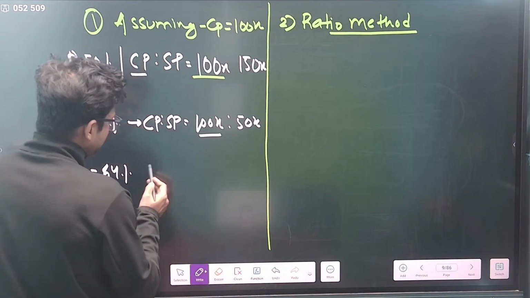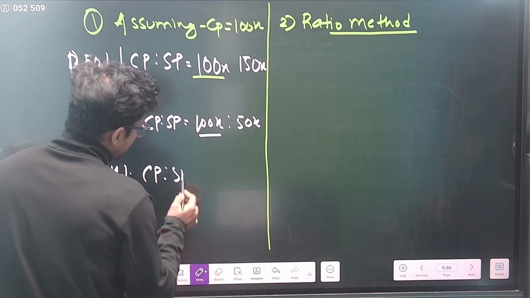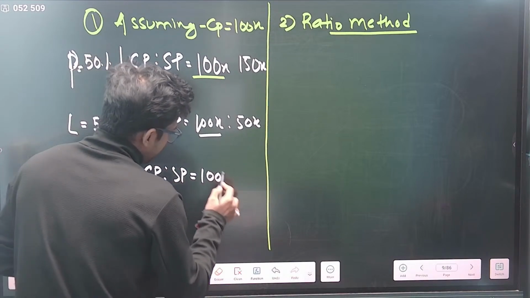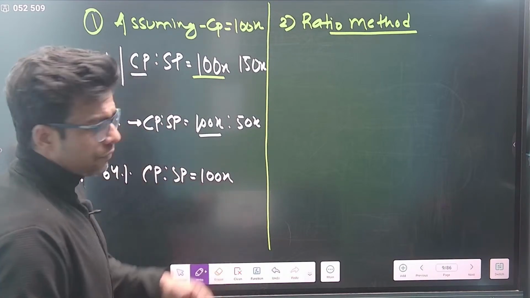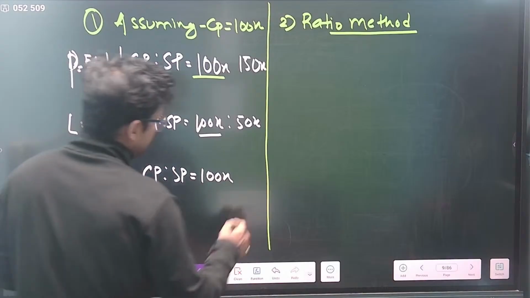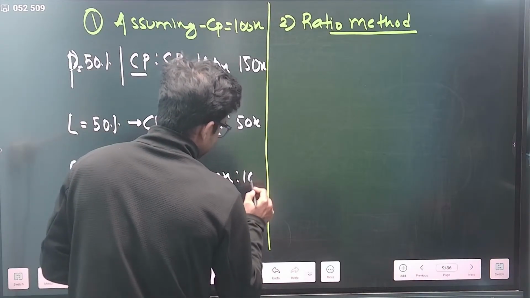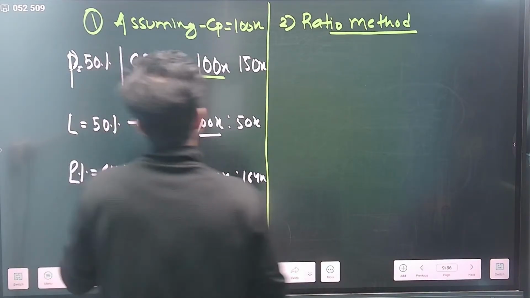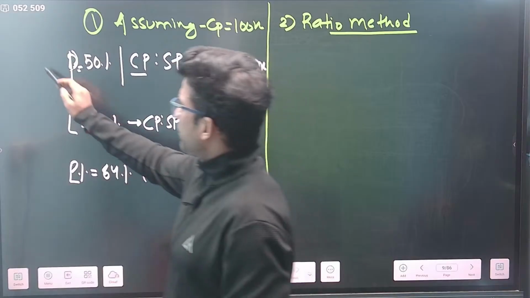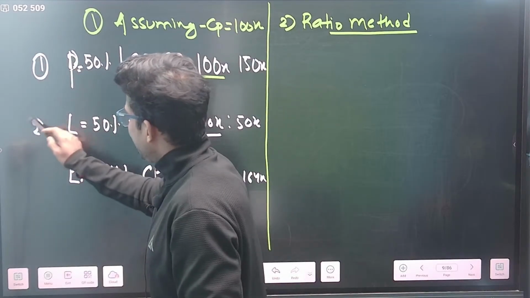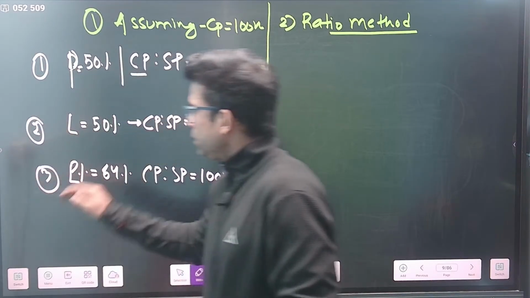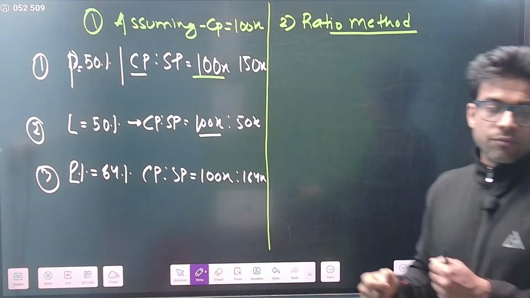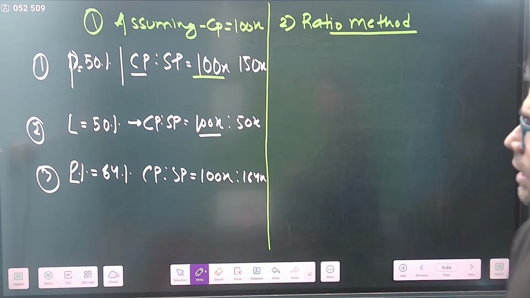Again I assume that my CP is 100x, and if my profit is 64%, my selling price would be 164x. These are the ways we solve when we assume the cost price to be 100x.